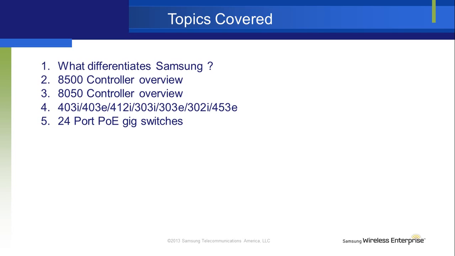And last but not the least, we will talk about our switch port or the switching fabric offering. So we have a 24 port PoE switch that we have in our lineup as well. So we'll touch base on that a little bit as well.